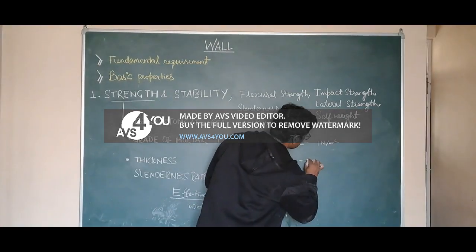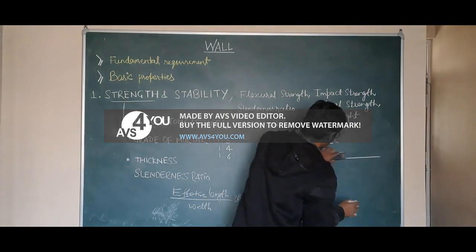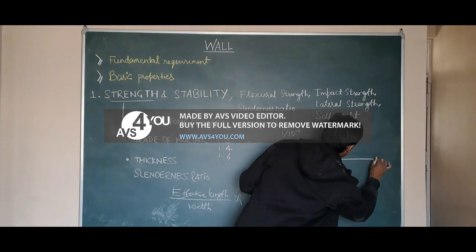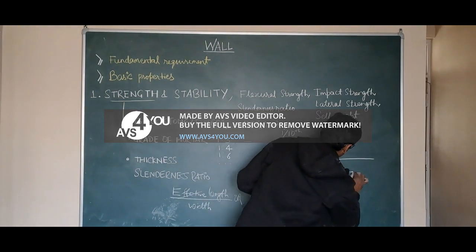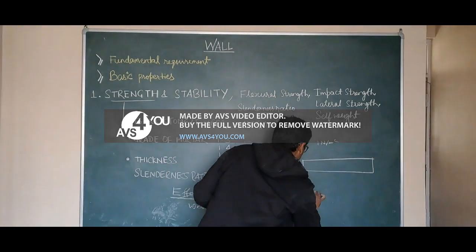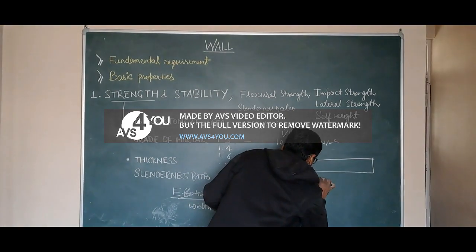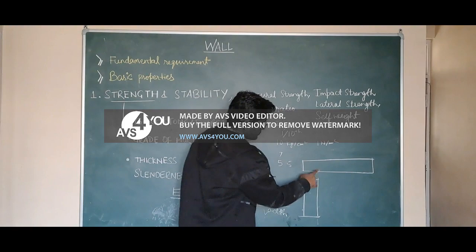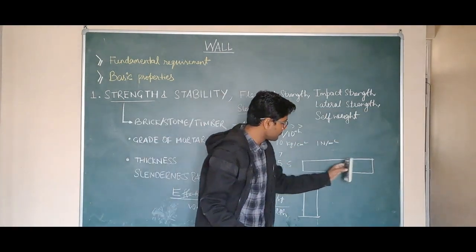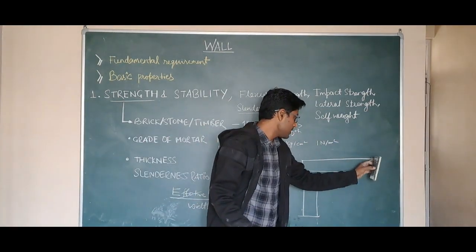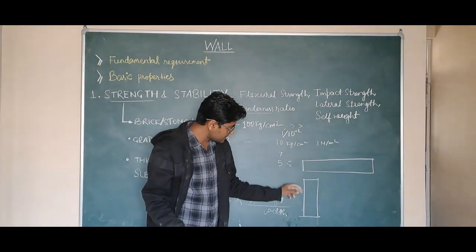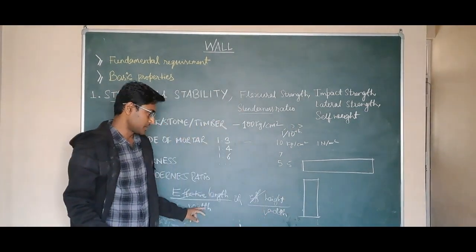We have a very long wall, or a wall something like this. Okay, both are elevations. So L by width, or this height by thickness, width or thickness.